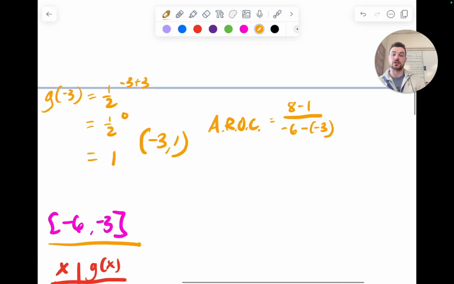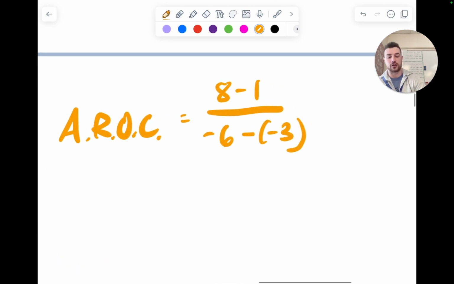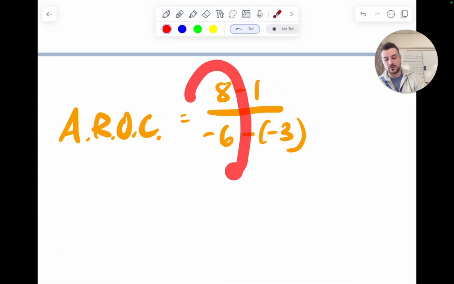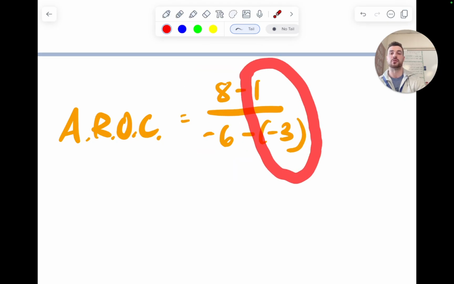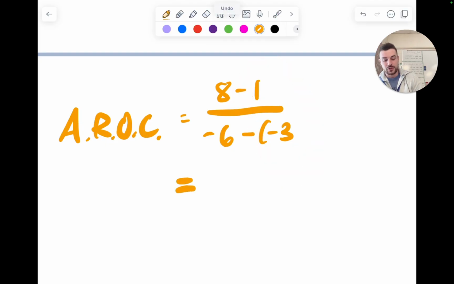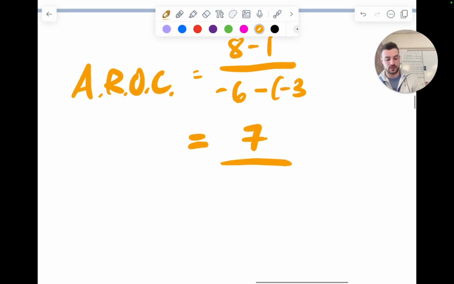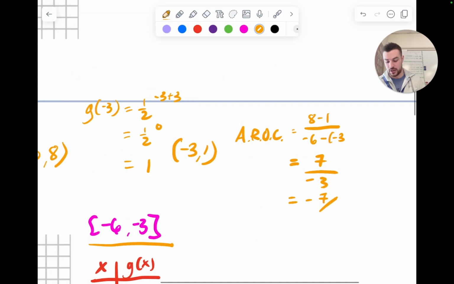And as a reminder, just like the slope of a linear function, these 2 values need to make up 1 point, and then these 2 values need to make up the other. So if I subtract them, I get 7 over -3. So the average rate of change between the x values of -6 and -3 is -7/3.